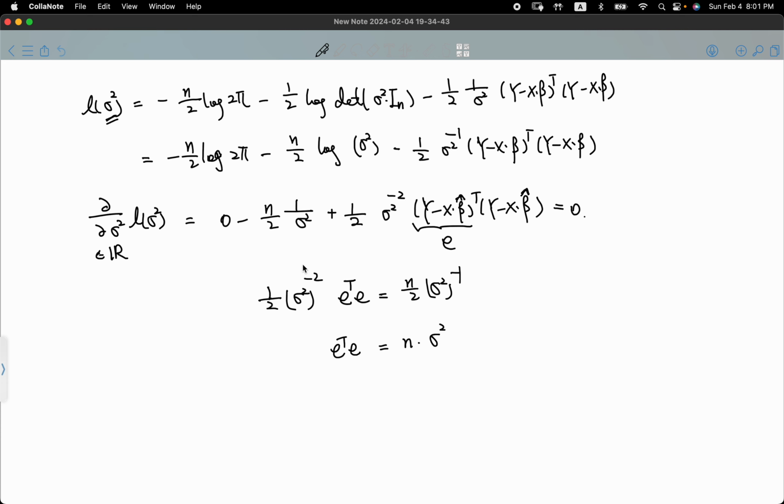What I did here is first remove the 1/2 from both sides, and also multiply by sigma square raised to the power of 2 on both sides, so this cancels out and we only have one more copy here. Sigma square hat is equal to e transpose e over n.